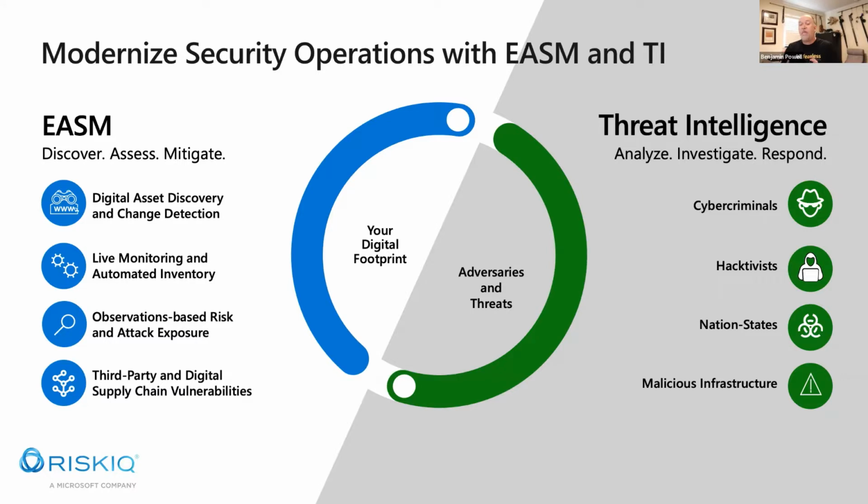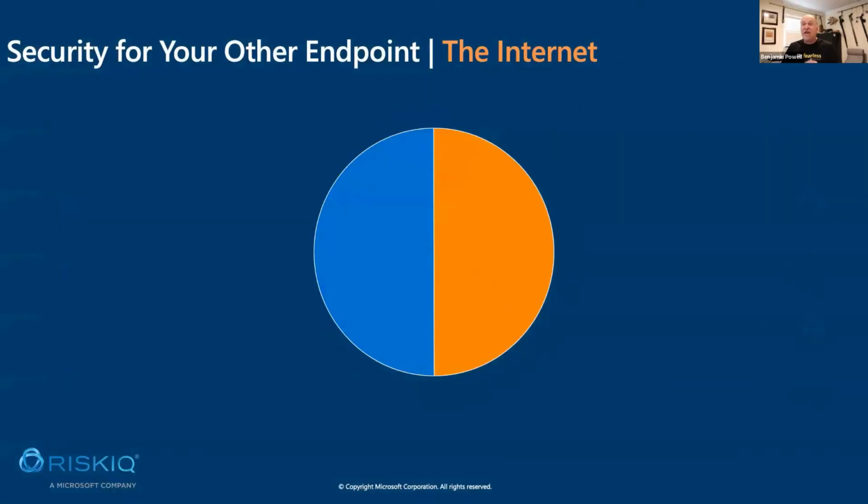And that will help you understand and marry the attack surface with the threat intelligence to make it pinpoint accurate of where the risk and your priority should be, to be able to find out where your exposures are and fix them. So when you think about security, there's an inside and outside view.